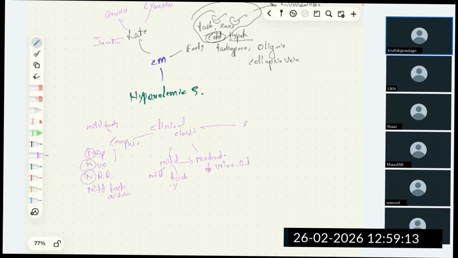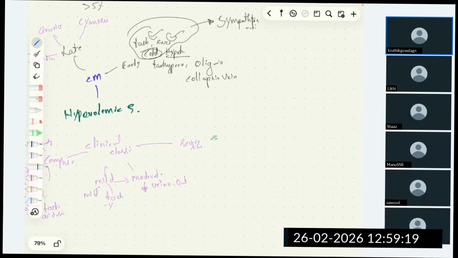If you go to severe shock, the patient has anuria, severe tachycardia, profound hypotension, and unconsciousness.